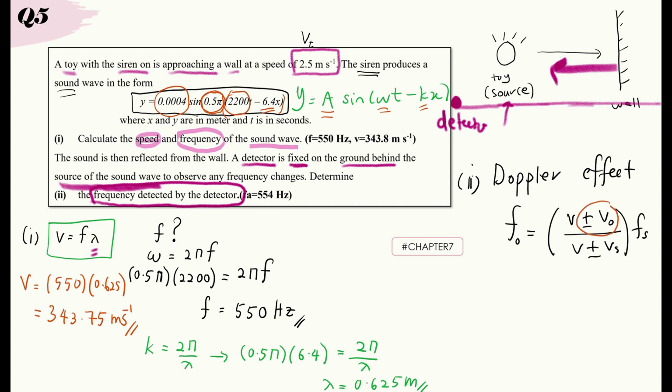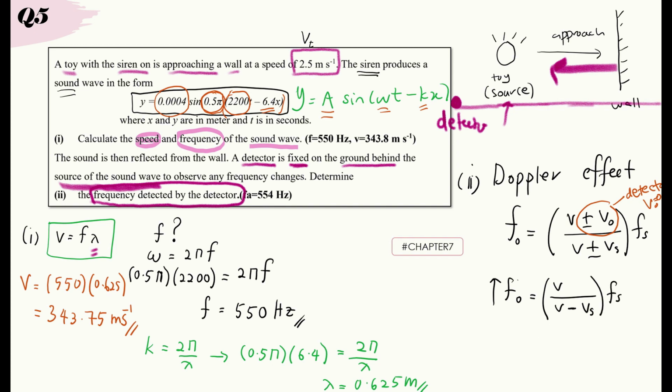Who is the observer in our case? That is who can observe the frequency changes. So our vo is equal to 0. As the toy is approaching, meaning that the observed frequency is increasing, the denominator is supposed to be smaller, so it is negative vs.